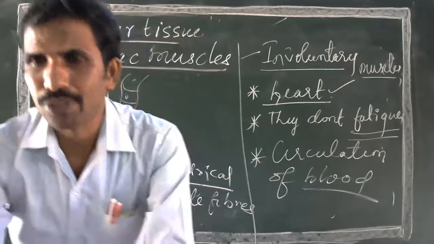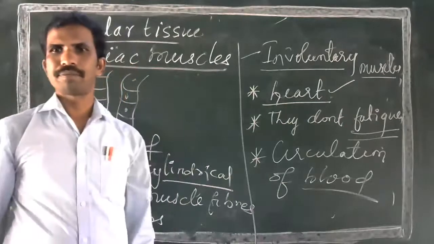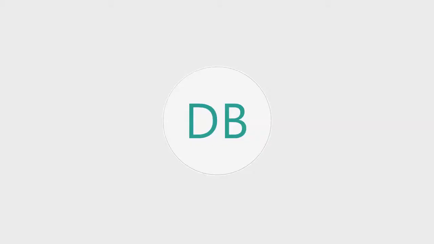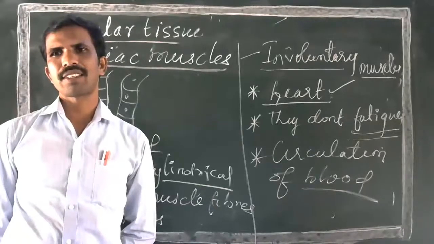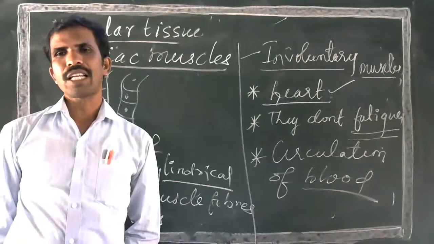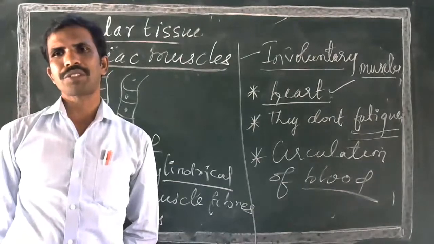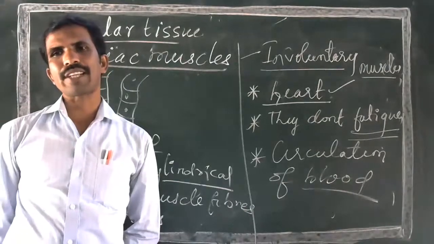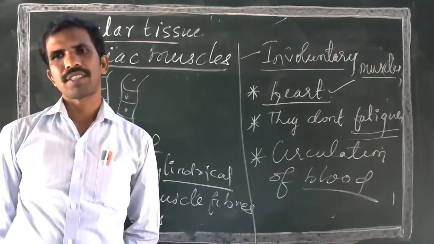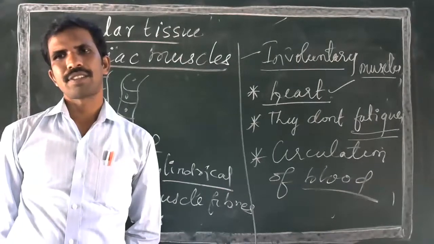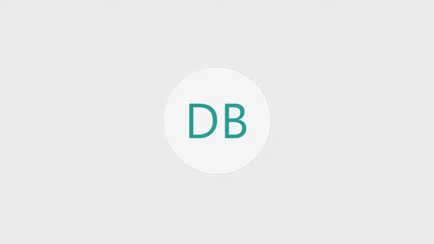Diksha, connective tissue is a tissue with the hard matrix. I am asking you what is connective tissue. You are telling me the definition of dense connective tissue. I am asking you what is connective tissue? The tissue having matrix.